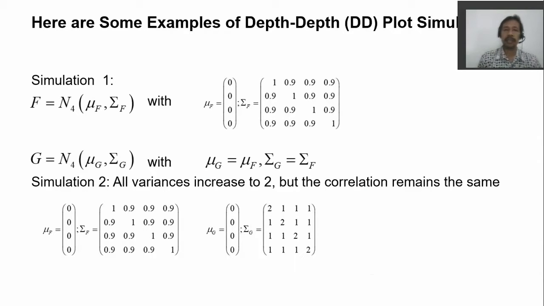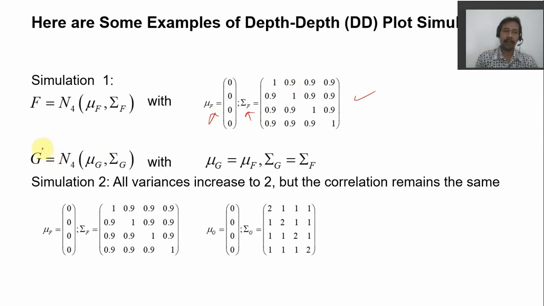Okay, let's say for scenario number 1, distribution F is multivariate with dimension 4, with a mean vector mu F and a covariance matrix sigma F with these elements.